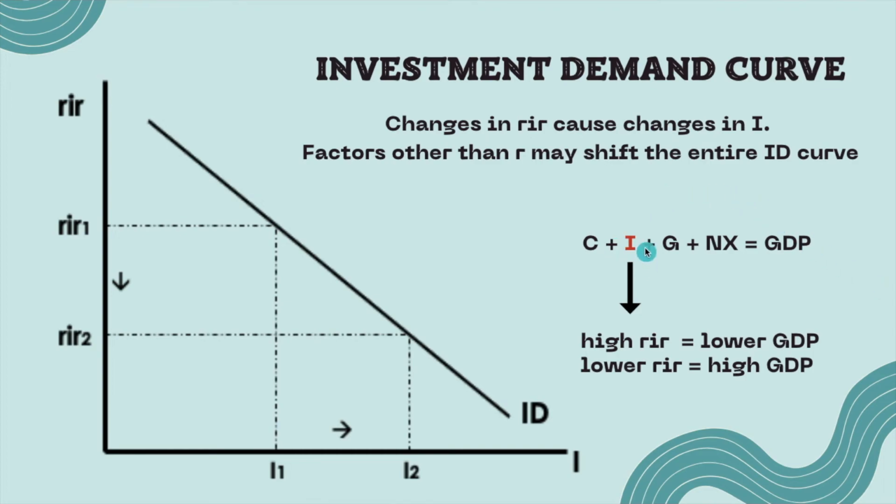So the higher the RIR, the lower the investment and GDP, and the lower the RIR, the higher the investment and GDP.